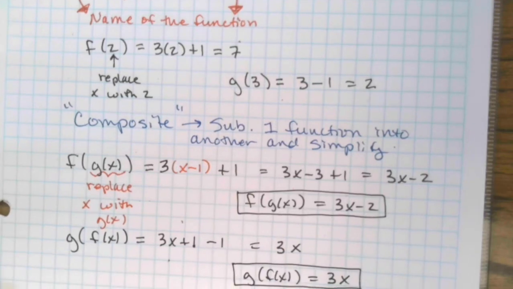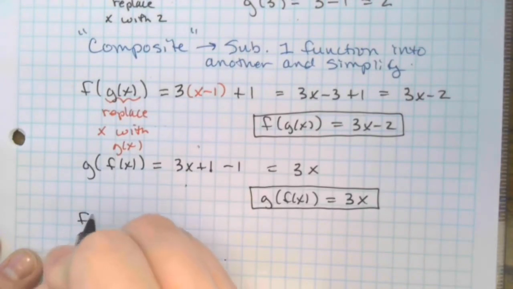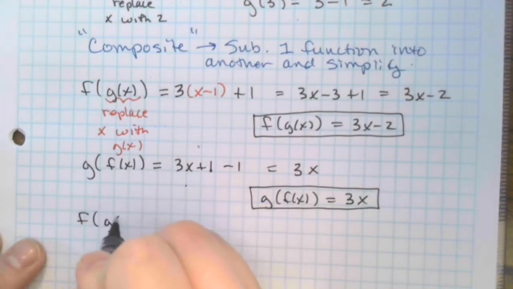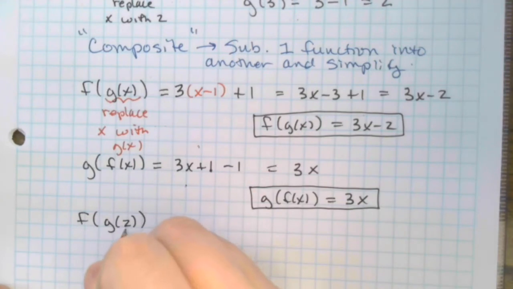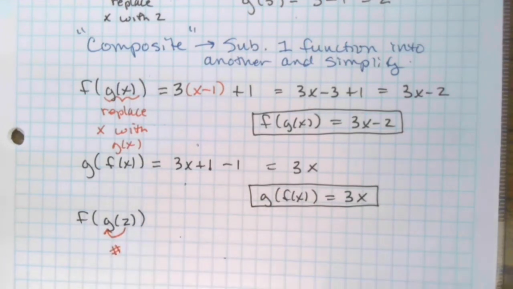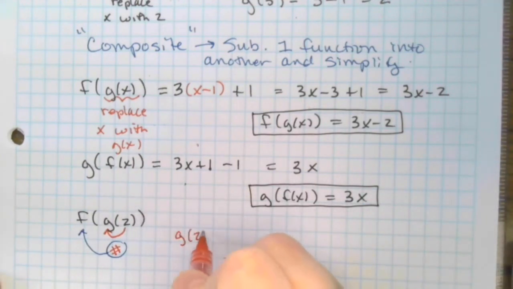What happens if you replace something with a number? Okay, let's do f of g of 2. So this gives us two things we need to do. We need to substitute 2 into g. That will get us a number. And then we're going to take that number and substitute it into f. Okay, so let's first find g of 2.